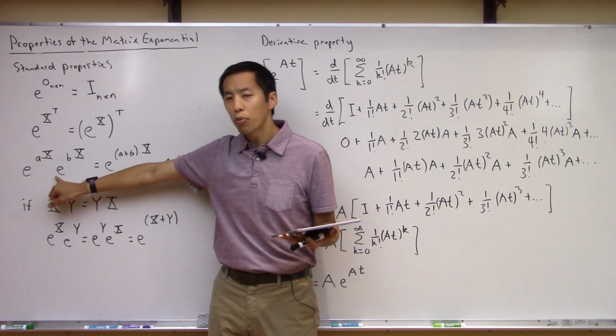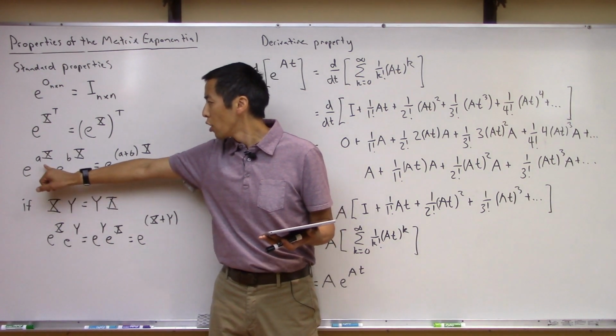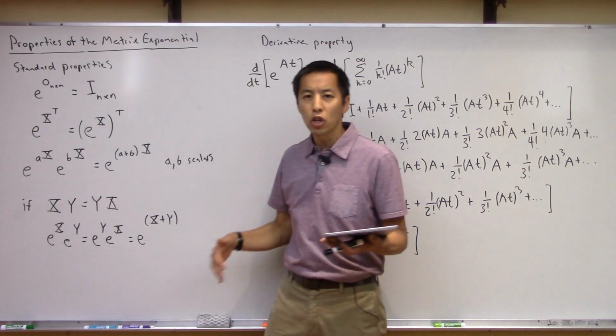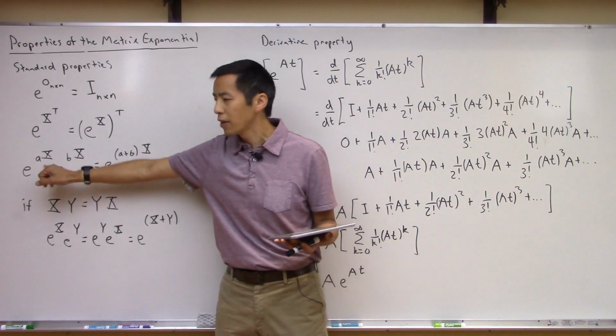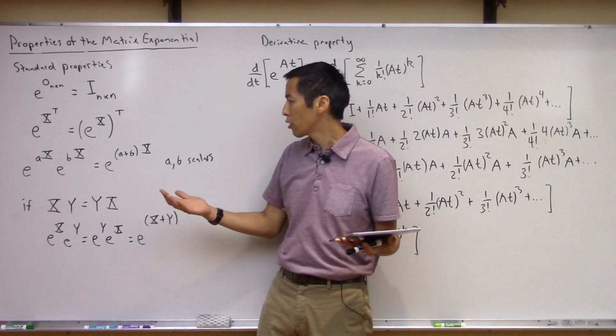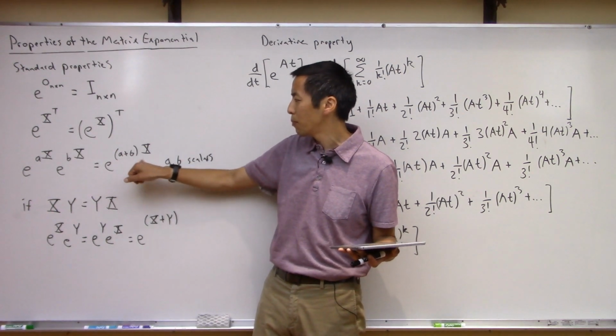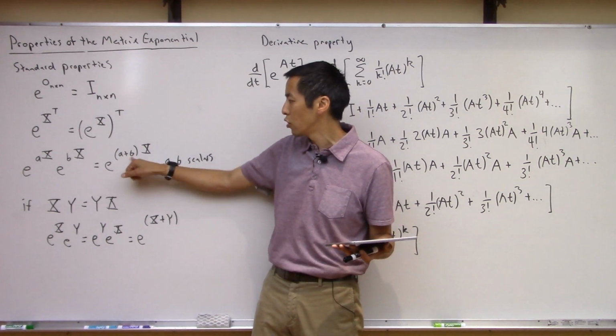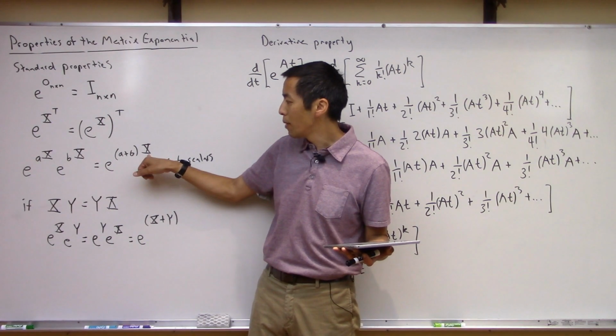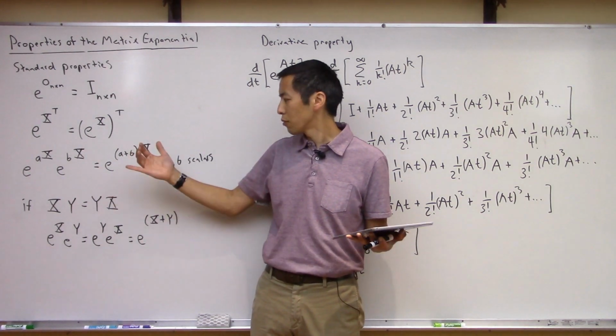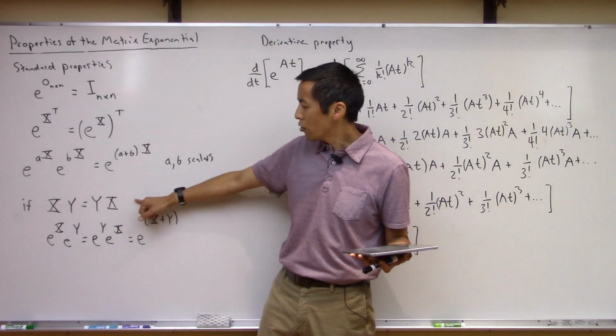What if you have the product of two matrix exponentials where little a and little b are scalars, and capital X is again your square matrix that we talked about earlier? That's the same thing as the matrix exponential of (a plus b) times the matrix X. You compute this entire new matrix and then take its matrix exponential. Now, here's an interesting one.